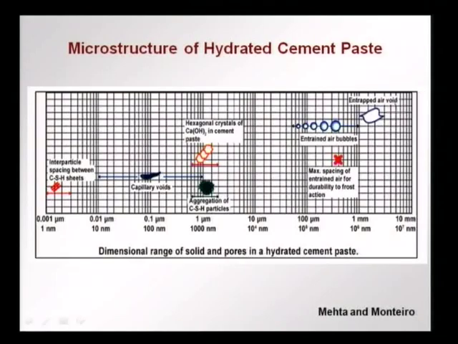We also could have large air voids which have to be avoided. These air voids can be removed by compaction and they are not desirable in the concrete. So, this gives you the range of aspects or morphology that occurs within the hydrated cement paste spanning 1 nanometer up to about 10 millimeters scales.